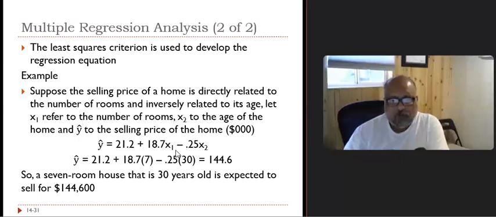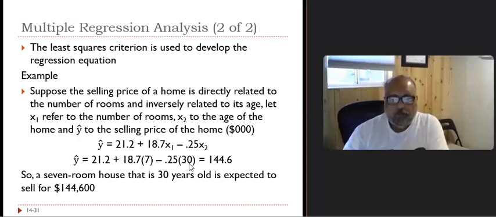Inversely related, we use a minus sign, right? So Y hat is equal to 21.2 plus the B values. For now, just assume we already have all these values of b1, b2, b3, and we create this equation like this.